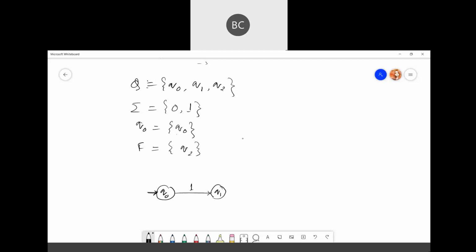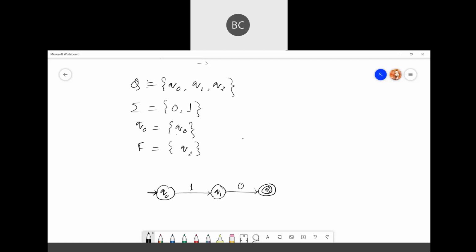Then suppose I'm taking another symbol 0 and finally it moves to Q2.